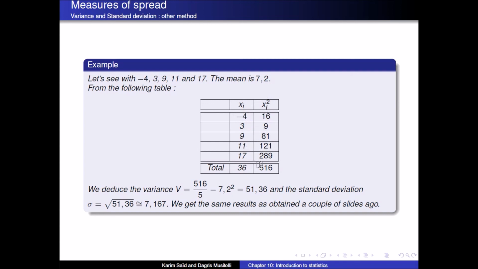And then I compute the mean of all the squared values. So this plus this plus this plus this plus this divided by 5 gives this result. So in order to compute the variance, we compute this mean minus the real mean to the power 2, and it gives exactly the same result we got before.